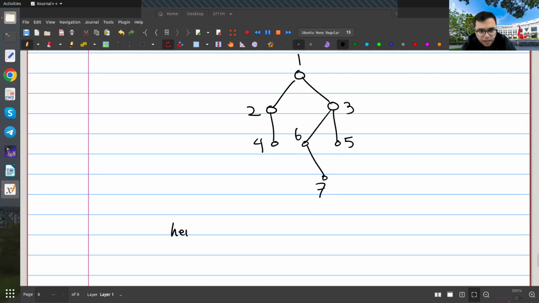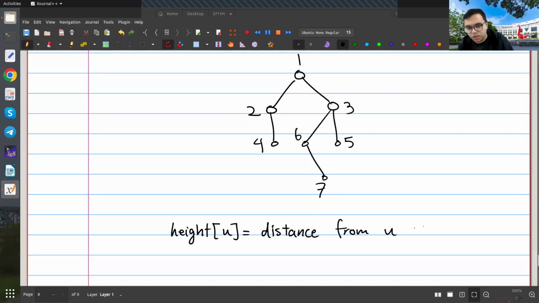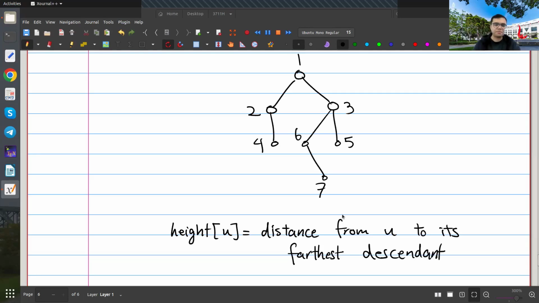I'm going to say the height of a vertex U is basically the distance from U to its lowest possible descendant. So if I start at U, how many steps can I take going down? Okay, so distance from U to its farthest descendant. This is how I'm going to define height.